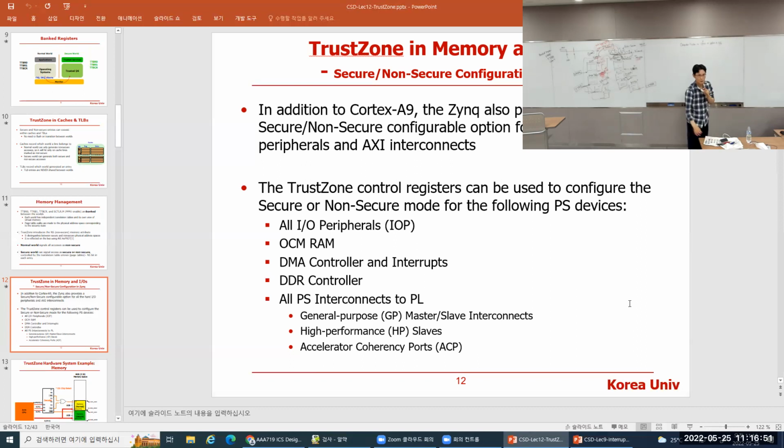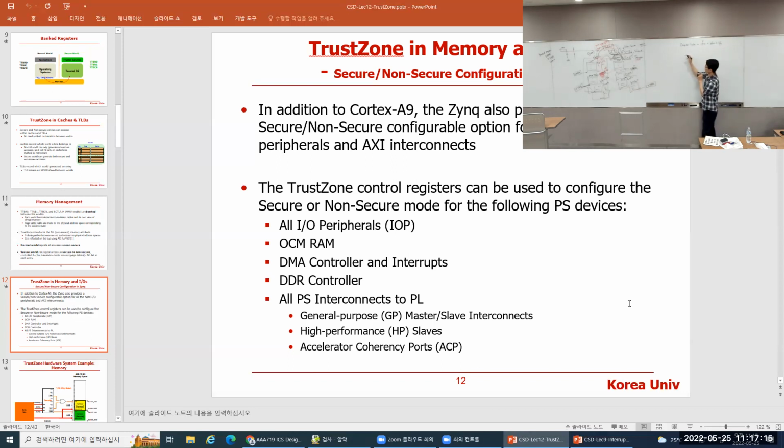Then once Samsung licenses the IP, you can customize it and manufacture the actual chip. And the TrustZone technique can be applied in the hardware design phase. It applies to not only software, but to the hardware design phase.